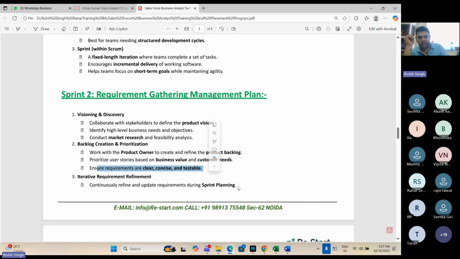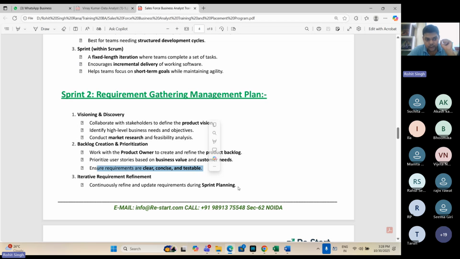SMART means when I am doing requirement gathering, I am doing specific, measurable, accountable, reliable, testable. Specific means I am discussing all those tickets which are specific to the sprint. I'm not talking this and that.